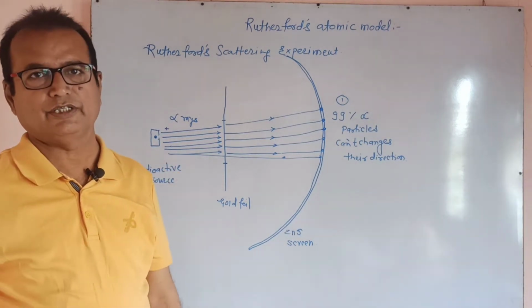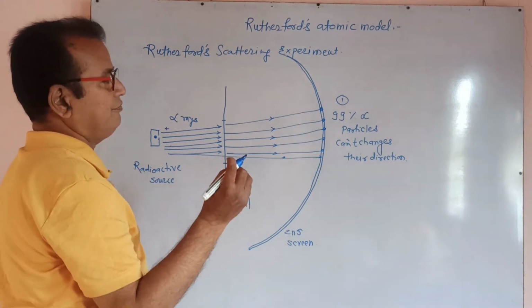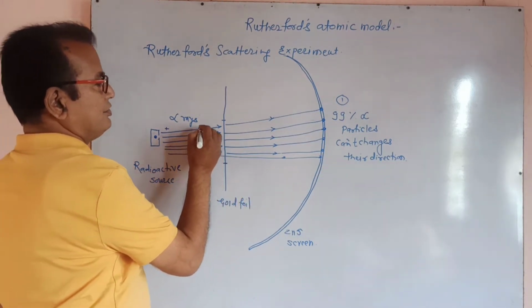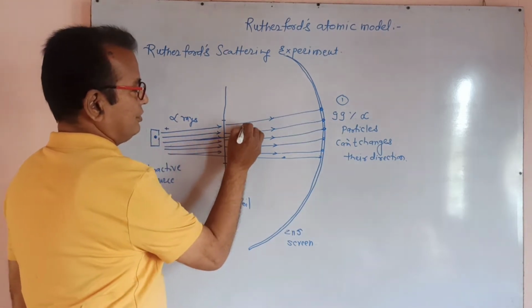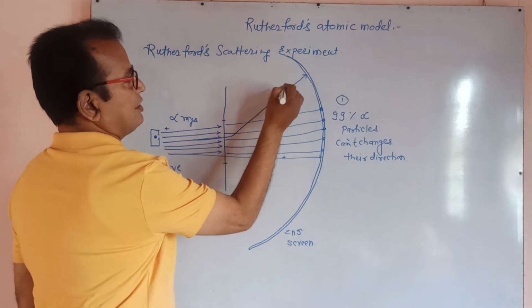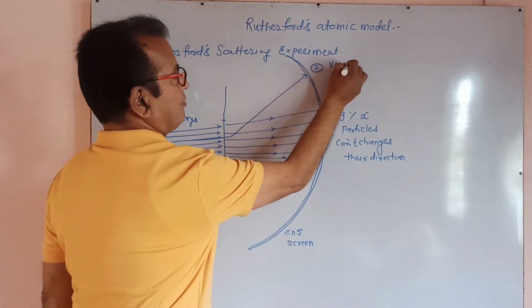The second observation is that very few alpha particles change their direction somewhat.